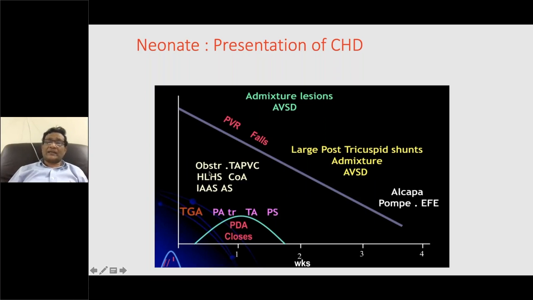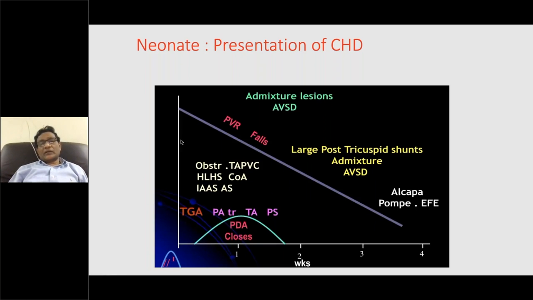all these structural heart problems can present in the first few days, that is the first 72 hours, based on the ductus arteriosus. Pulmonary atresia presents a little bit later. They don't present immediately, because the blood PO2 levels in pulmonary atresia, because of the admixture, are comparatively lower compared to transposition and other admixture lesions.